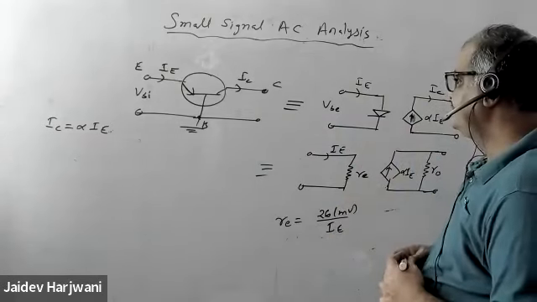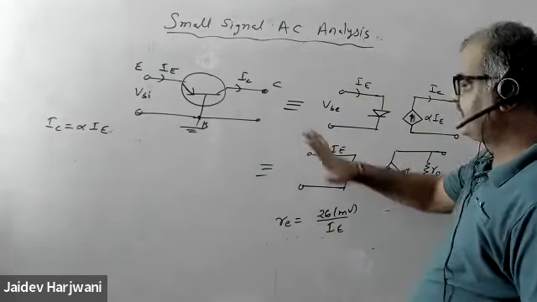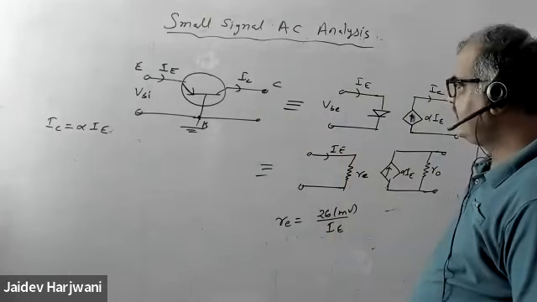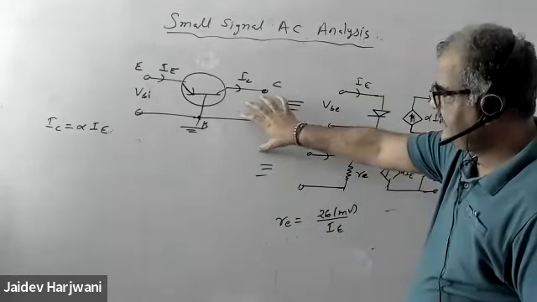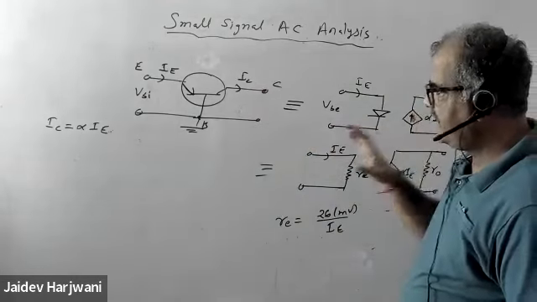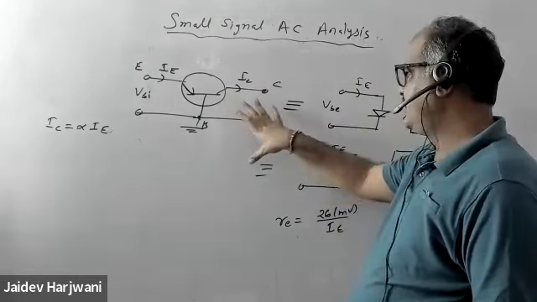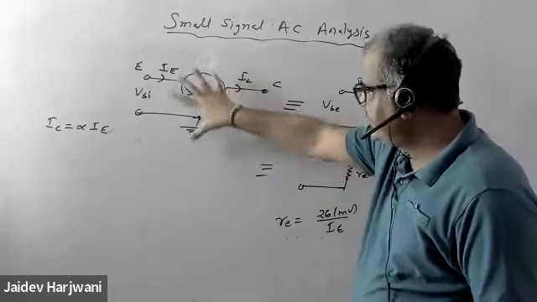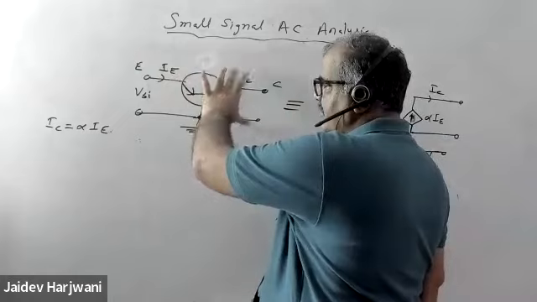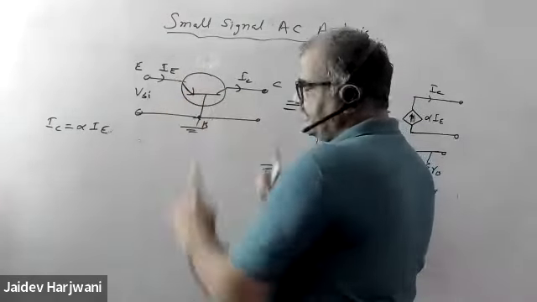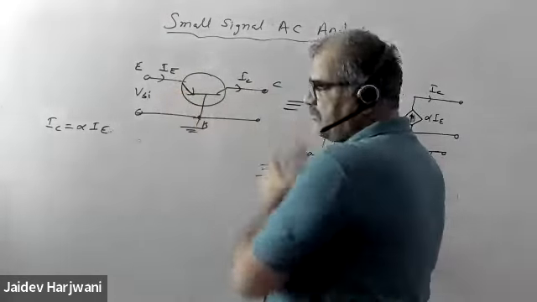Now let me summarize what we are doing here. Whenever you see a transistor while doing AC analysis, I will replace this transistor. This transistor has two parts, the input part and the output part. I'm isolating this transistor, so I'm making an equivalent model.